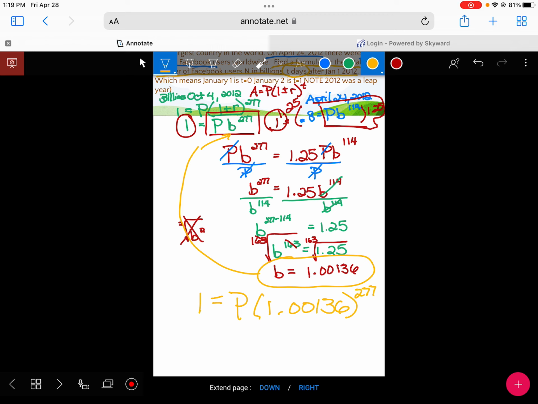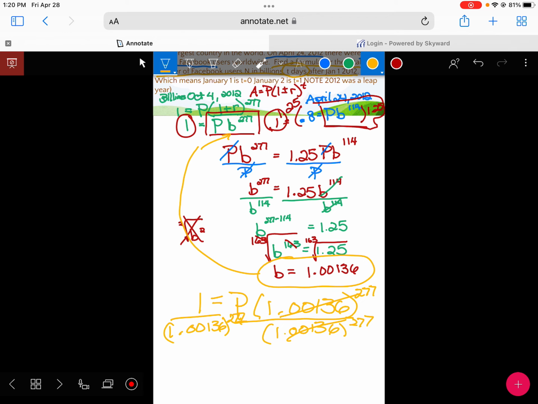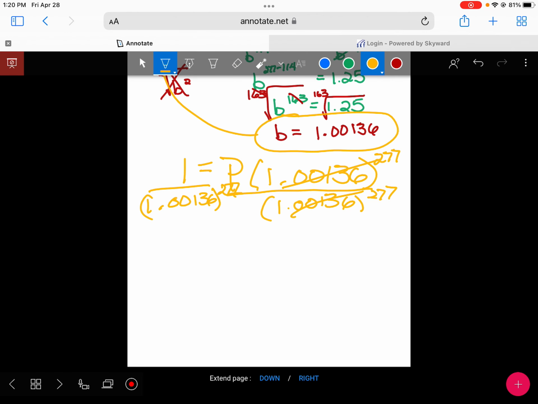We need to solve for P. You can either figure out what this is or divide by that to the 277th power, which means you need to divide 1 by that to the 277th power. Those cancel out. We're almost there, guys. Almost there.